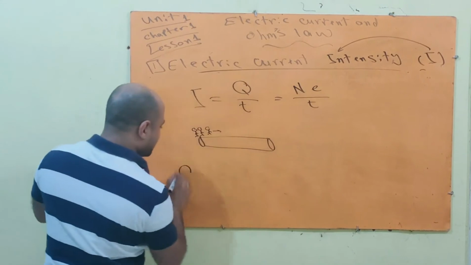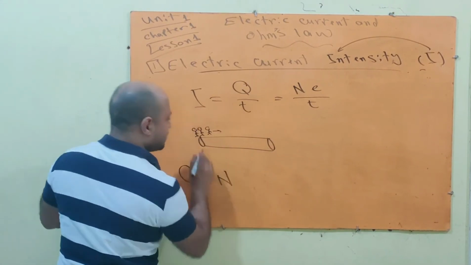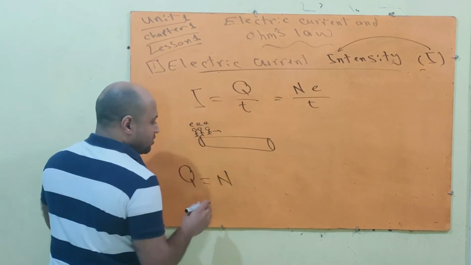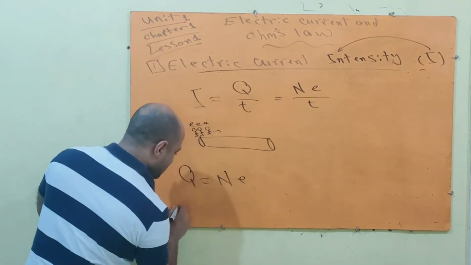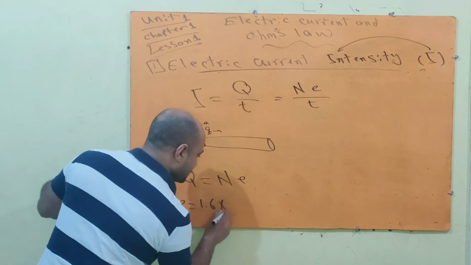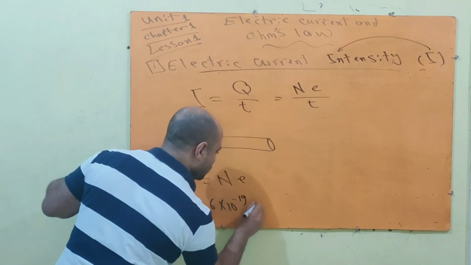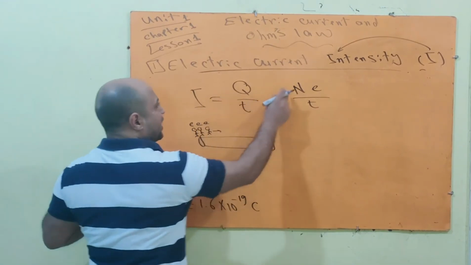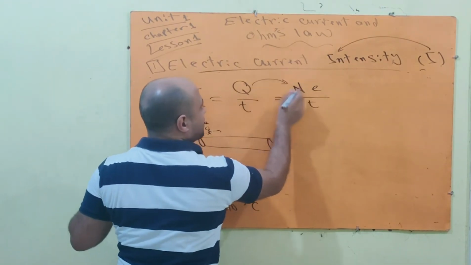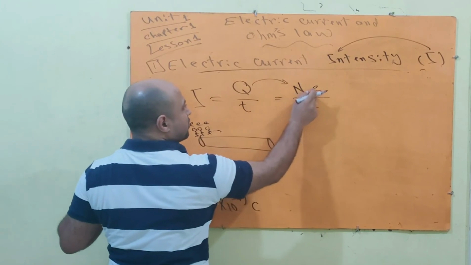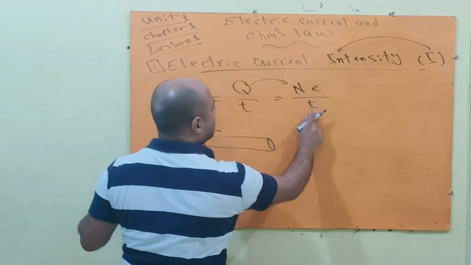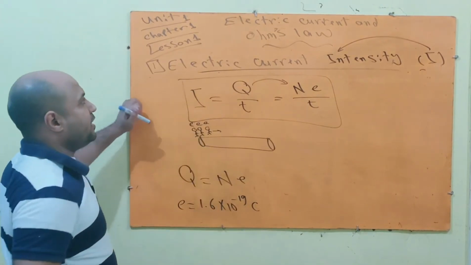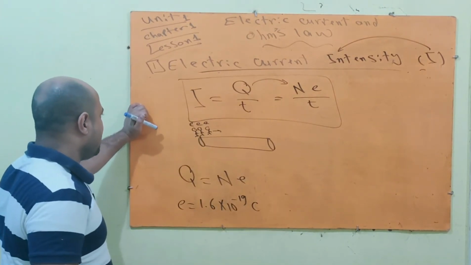So we can say that Q equals N, number of electrons, times the charge of each electron. The charge of electron is a constant, equals 1.6 times 10 to the power negative 19 coulomb. Okay, so I equals Q over T, or N e over T. This is called the first rule in physics in lesson 1.